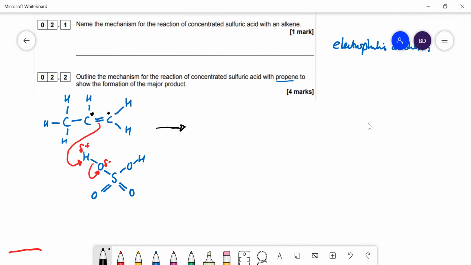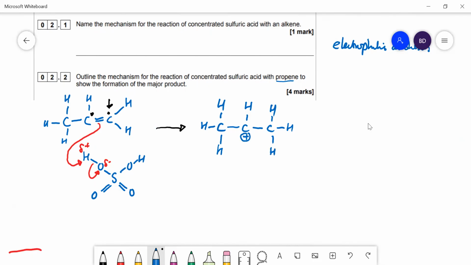We want to make sure that it's going to give us the major product, so we want to make sure that it actually sticks on this carbon, because then we'll get a secondary carbocation. So I'll draw that. So we've got the hydrogen from the sulfuric acid is now gone onto the right hand side carbon, which leaves this middle carbon with a positive charge.